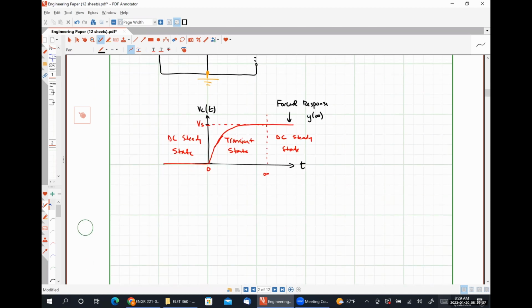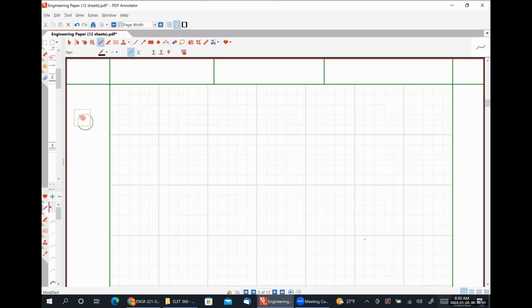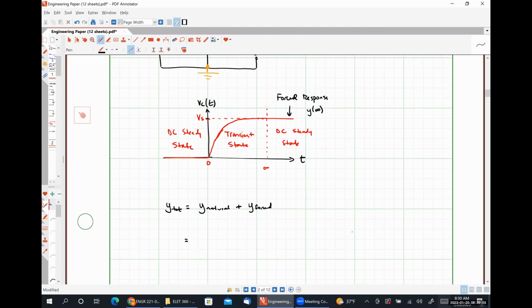So earlier I said that the total response, y total, was simply the natural response plus the forced response. So I'm about to write something down here. There is going to be a small error in it, so we're going to talk our way through it in just a moment. So I wouldn't write things down just yet.